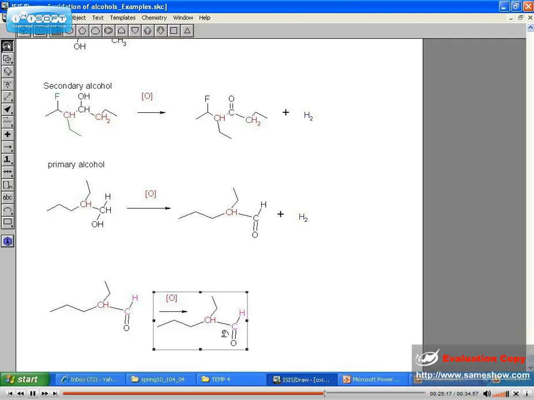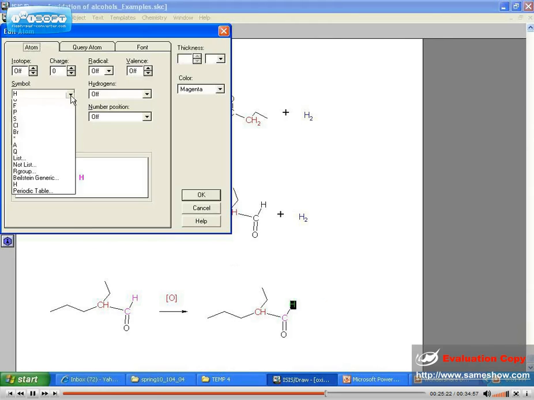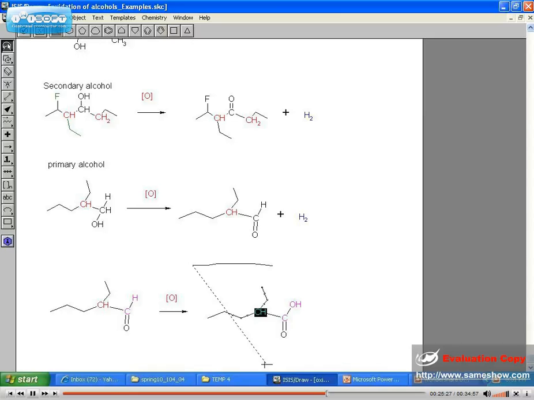So it's going to look like this. And voila, there is our final product. So notice this one right here. This is an aldehyde, and it formed what we call a carboxylic acid.